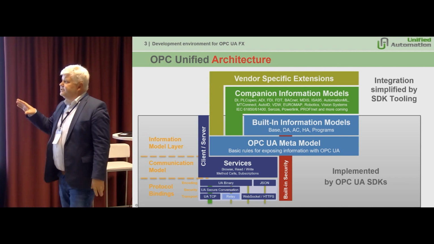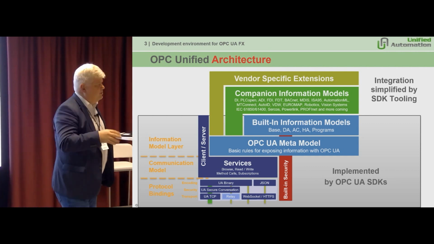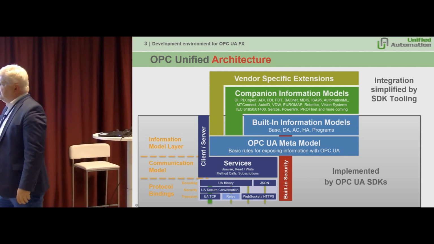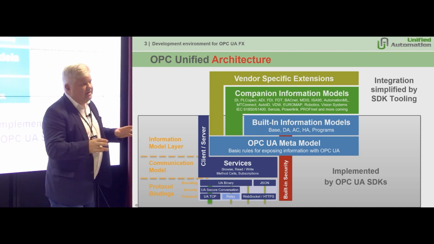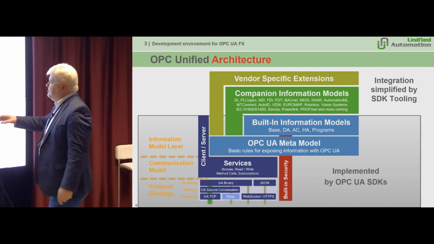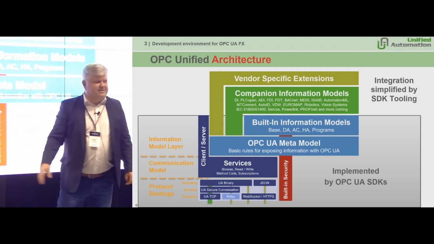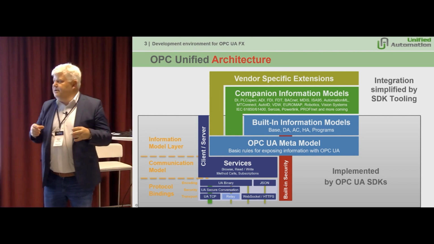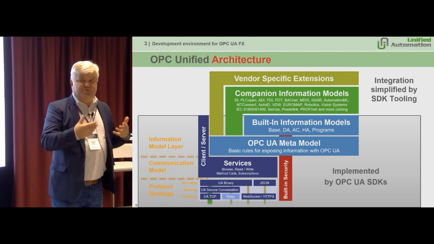So if we talk about how you implement OPC UA and what OPC UA provides as a platform, we have a lot of functionality that is very generic, independent of any information source or any product. It's just a basic modeling language, services to access the data, and different protocol bindings to actually communicate over the network. That's the part that you can put into libraries and make available to people that implement products.